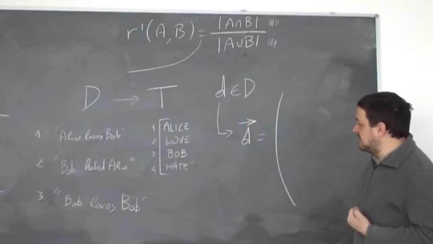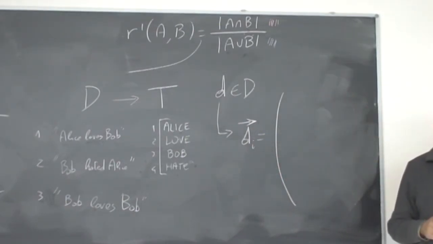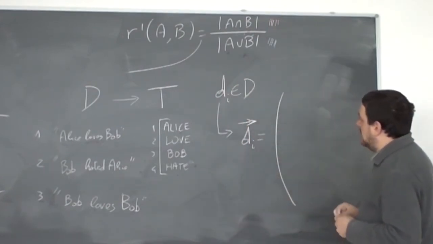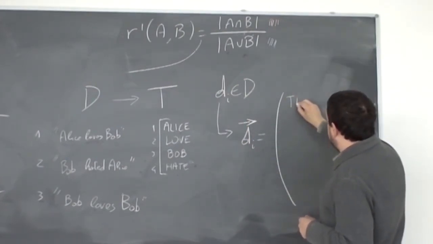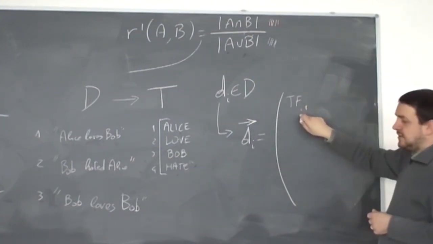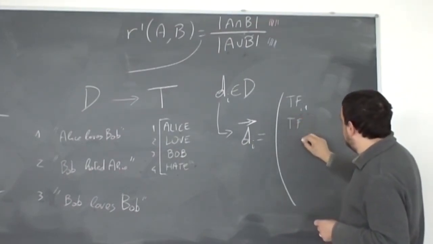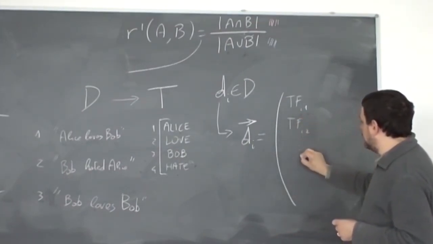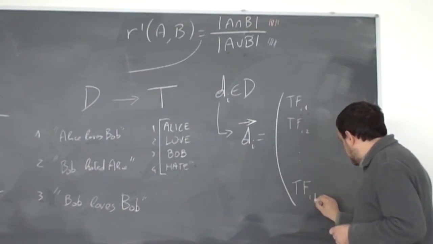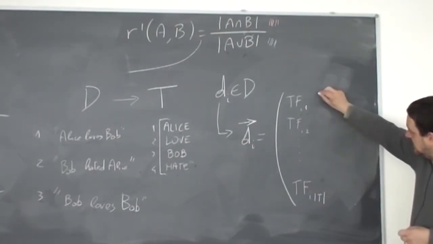So we can represent the document i with the vector di, which contains the term frequency of term 1 in document i, the term frequency of term 2 in document i, until the term frequency of the last term t in document i.